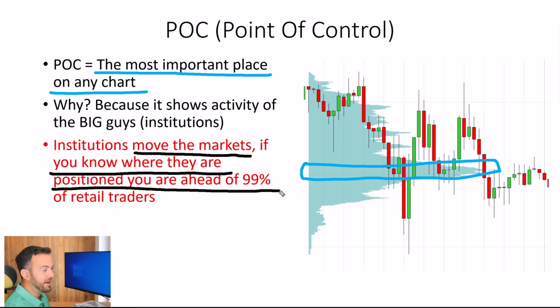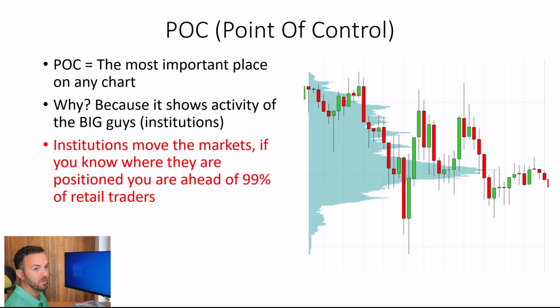So what I'm trying to say is that even if you just place the volume profile on your chart, use simple daily profiles and just look at where the point of control is, you'll still be ahead of most retail traders, right? Because you'll see something which they simply can't see if they don't have the volume profile.